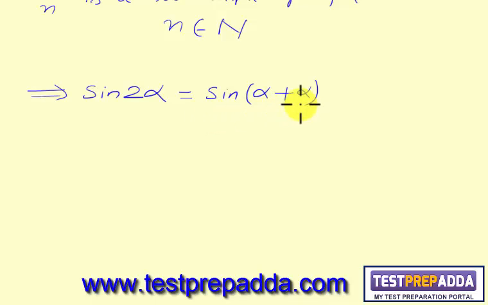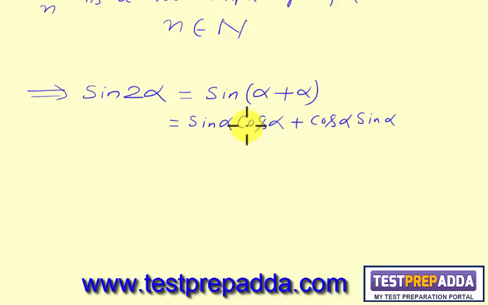Sine A plus B is sine A cos B plus cos A sine B. So here, it will become sine alpha cos alpha plus cos alpha sine alpha.